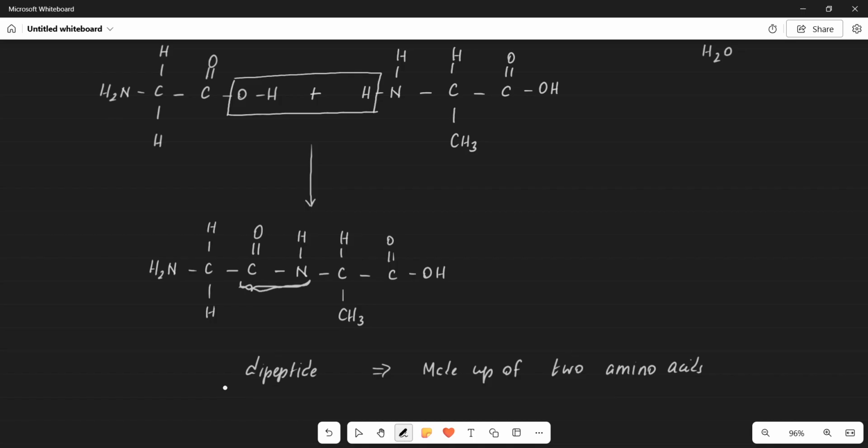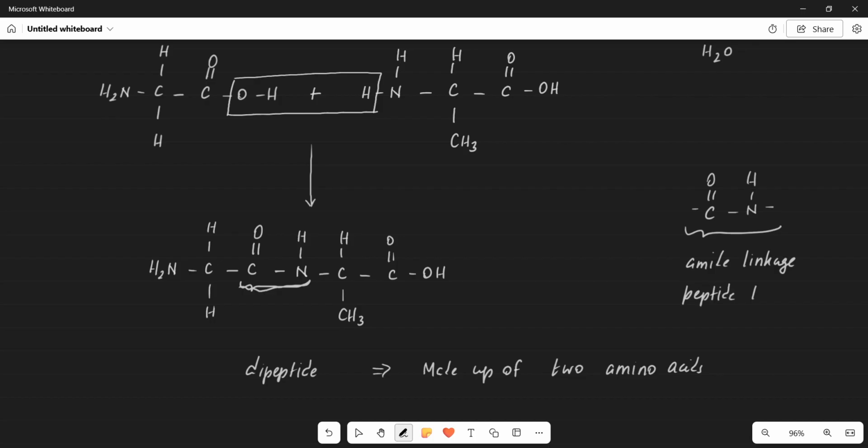And this bond, how it looks, is like this: C double bond O, NH. This bond is known as the amide linkage.